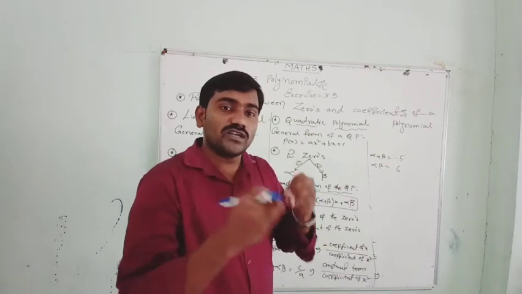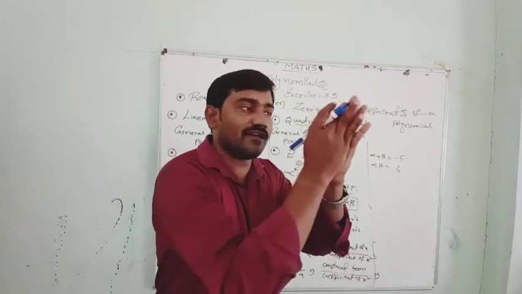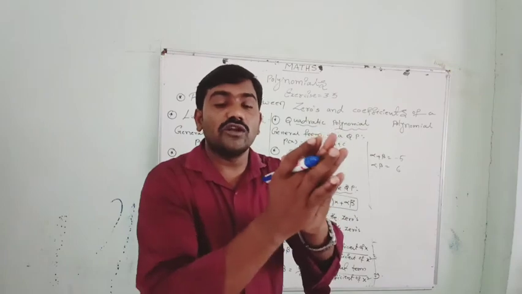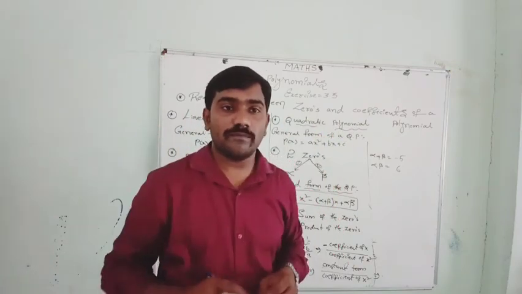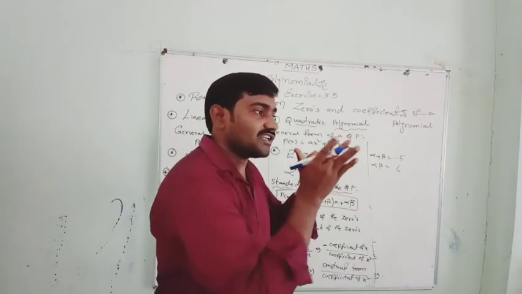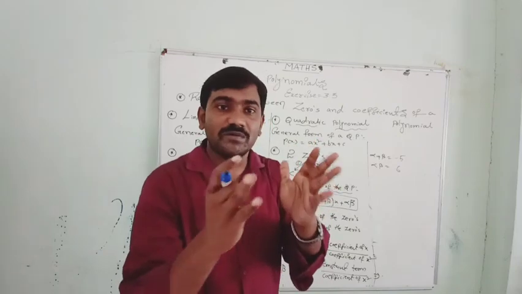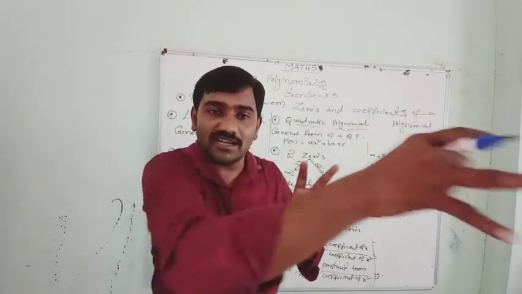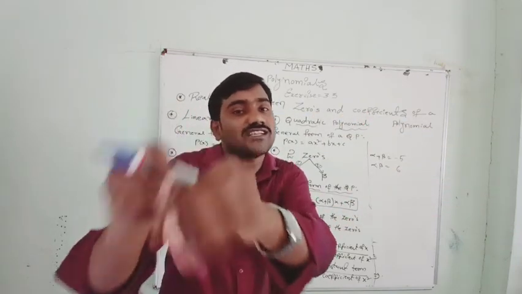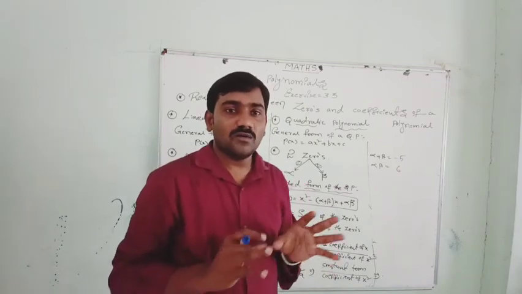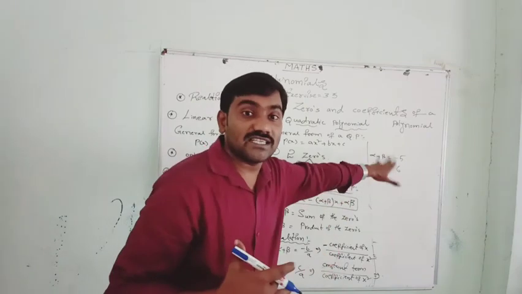Well in advance, they will add the zeros alpha and beta and tell you the sum of the zeros is minus 5. We don't know alpha and beta separately, but the sum of the zeros is minus 5 and the product of the zeros is 6.